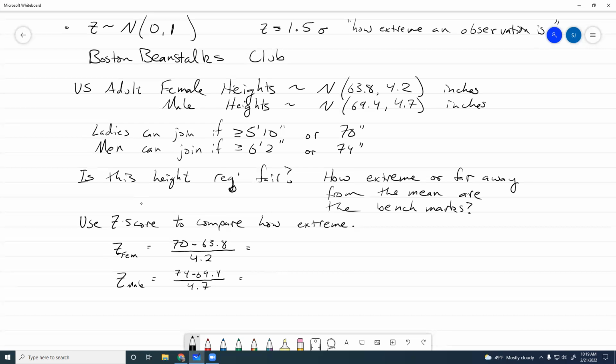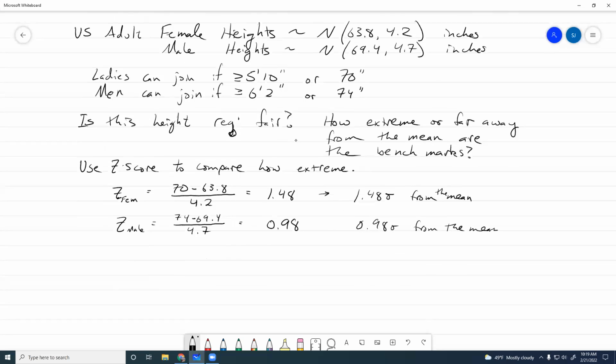So now we get a z-score. The z-score for the ladies is 1.48. The z-score for the males is 0.98. We can interpret this as 1.48 sigma from the mean, and 0.98 sigma from the mean.